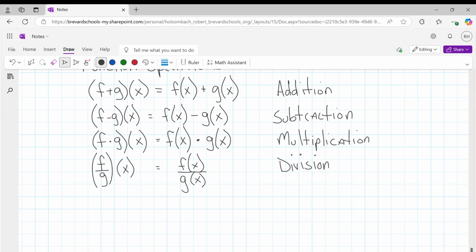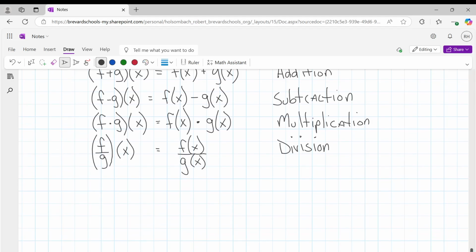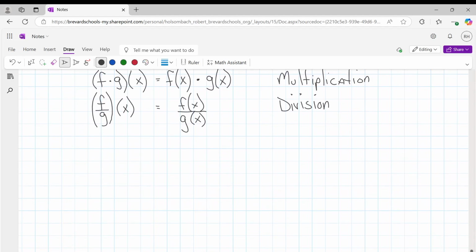Now, here's what all of that means, okay? We're going to let f of x be equal to 4x plus 7.